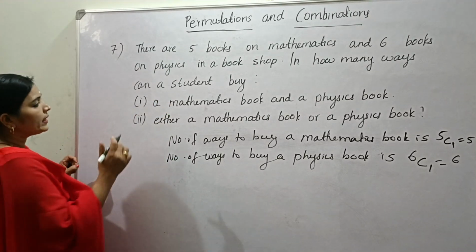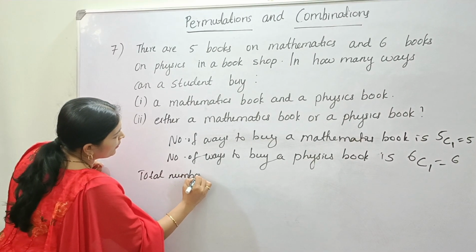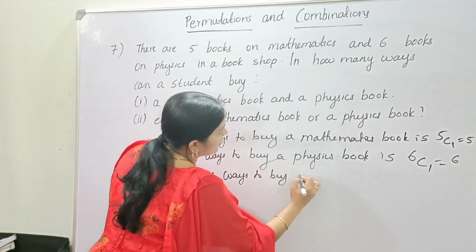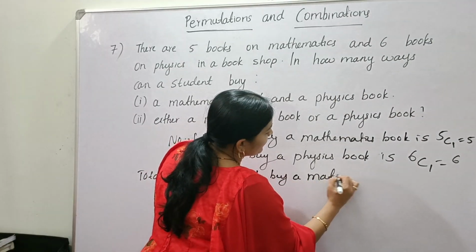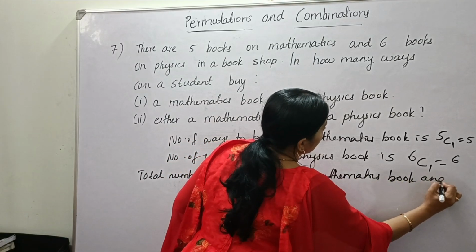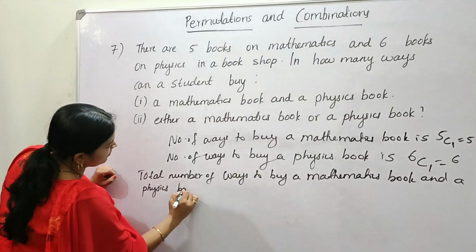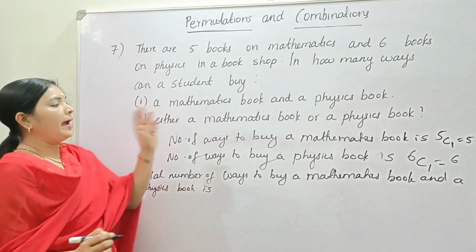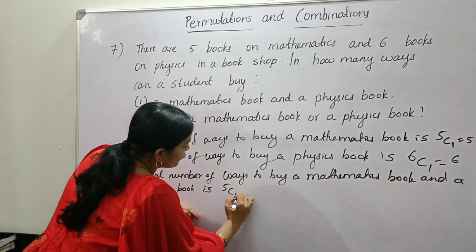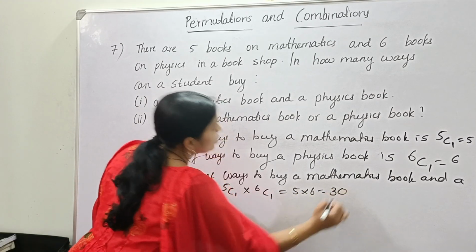Okay, so here the total number of ways to buy a mathematics book and a physics book is nothing but 5C1 into 6C1. 5C1 into 6C1, that is 5 into 6, that is equal to 30.